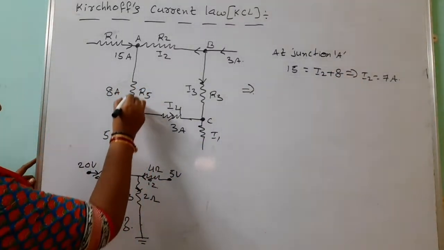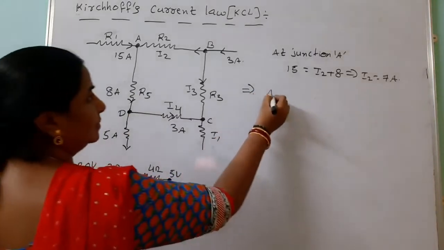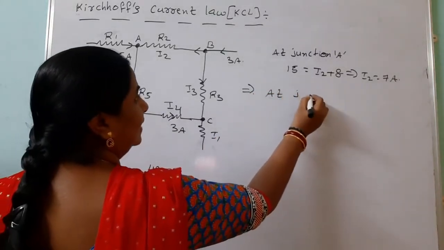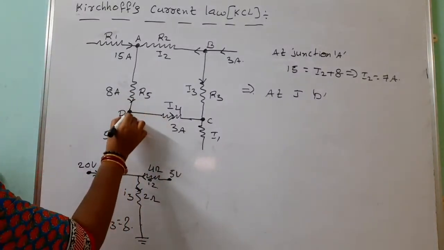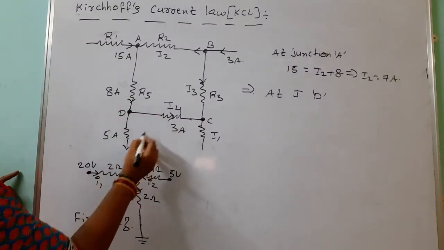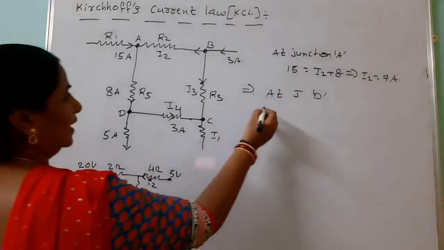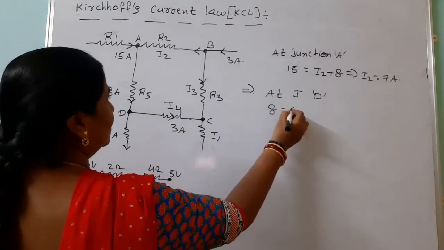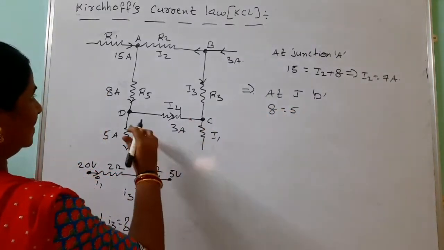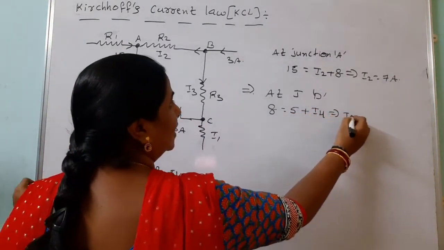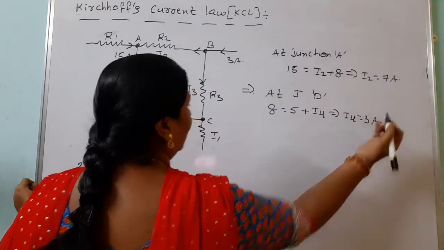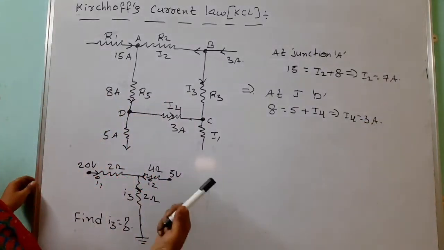When 8 amperes is coming in at junction D, incoming current equals 8 amperes. Two outgoing currents are there, so we can write 8 equals 5 amperes plus I4. From this, I4 equals 3 amperes.